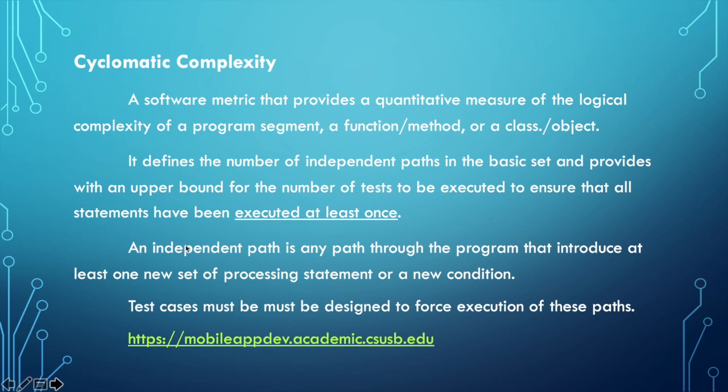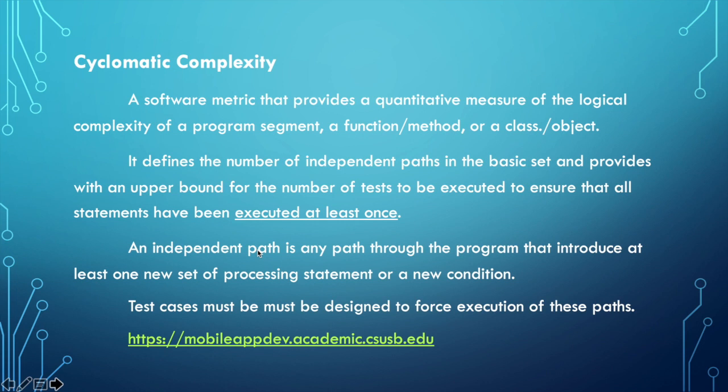Okay. So we determine independent paths through the program, and introduce a new set of processing statements or a new condition. So we determine independent paths in that program through this cyclomatic complexity. There is a graphical way of how to do that.